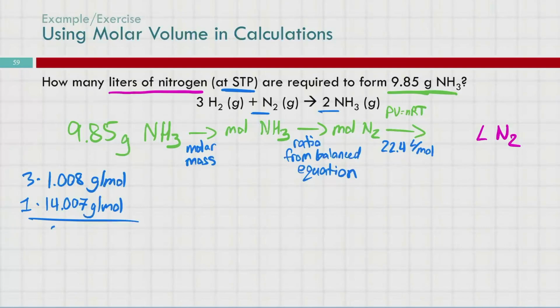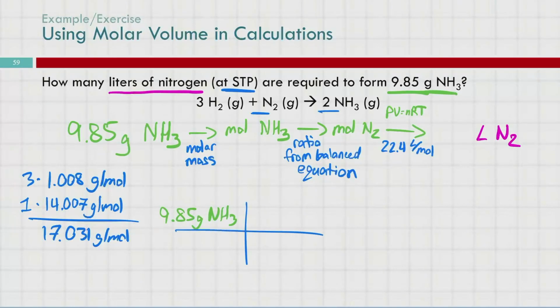Our molar mass, 17.031 grams per mole. Let's set up our calculation. 9.85 grams ammonia divided by our molar mass. So our grams cancel.